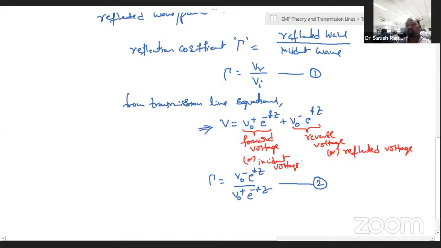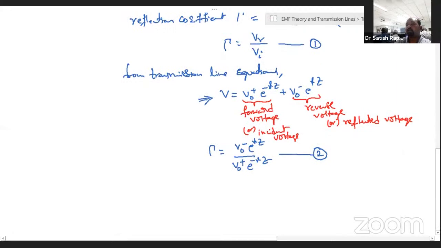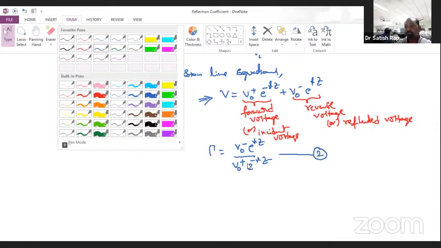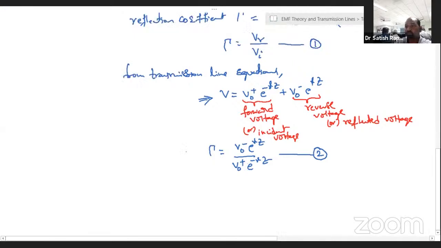Now let us determine a mathematical equation for the reflection coefficient. Here you can see there are two terms. In equation 2 we have V naught minus in the numerator, and in the denominator we have V naught plus.